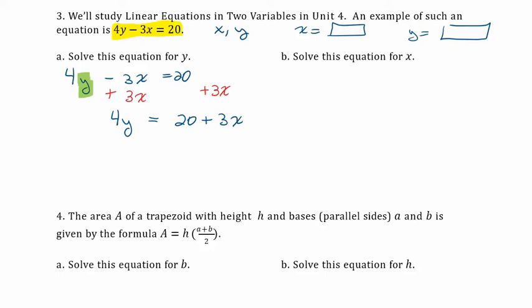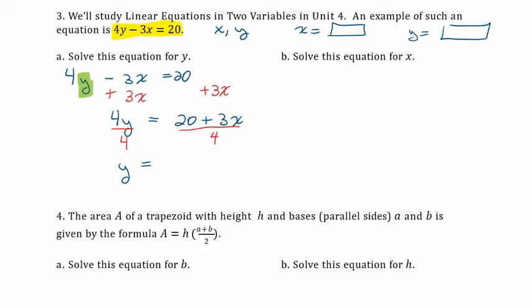The next thing we're going to do is eliminate the 4. It's 4 times y, so to eliminate that, we're going to divide both sides by 4. On the left-hand side, 4 divided by 4 is 1. 1 times y is y, so we just have y equals. Now on the right-hand side, we could just leave it like it is right there, 20 plus 3x all over 4.